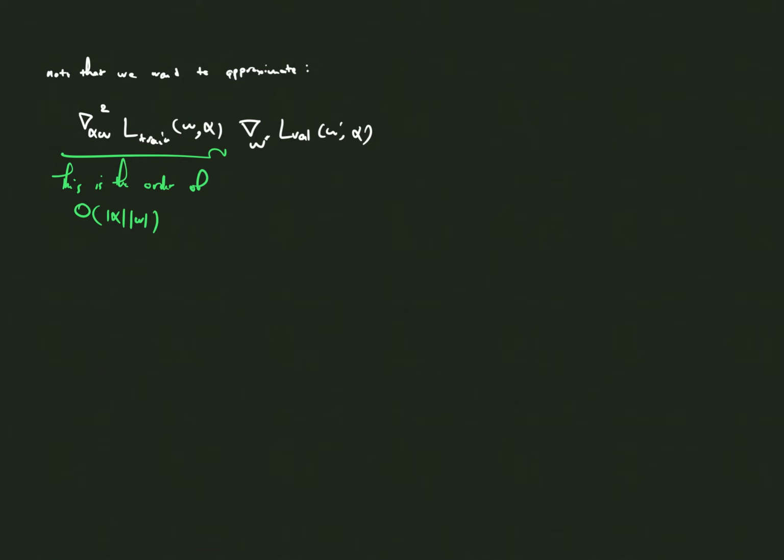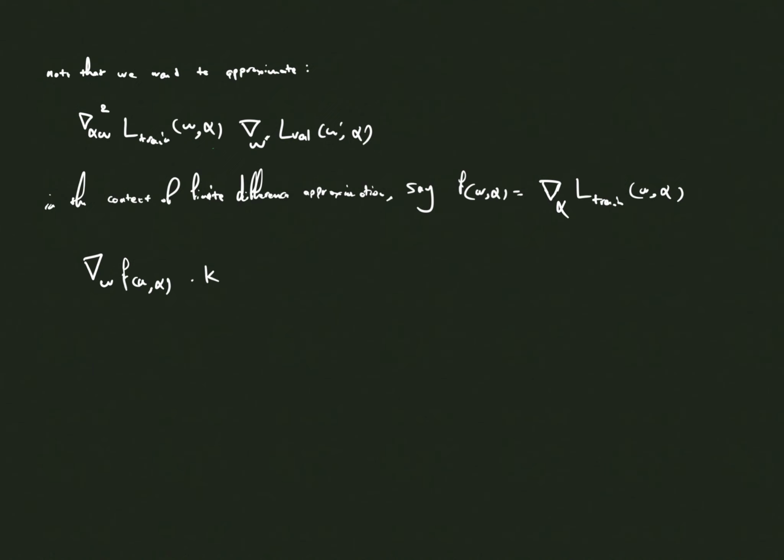So in terms of dimensions, you would have alpha times omega, and this one would be the derivative with respect to omega, so you would have omega times 1, and then this result would be alpha times 1, which would essentially be part of the derivative of L val with respect to alpha, which we hope gives us an alpha-dimensional vector that we could use in gradient descent and add to alpha in order to push it towards the optimal point of the optimal architecture.